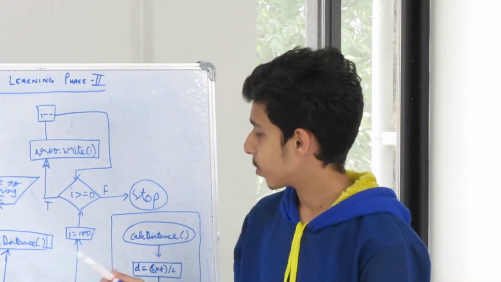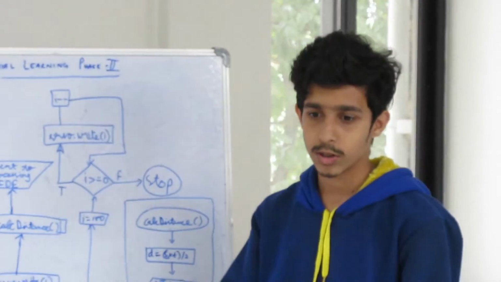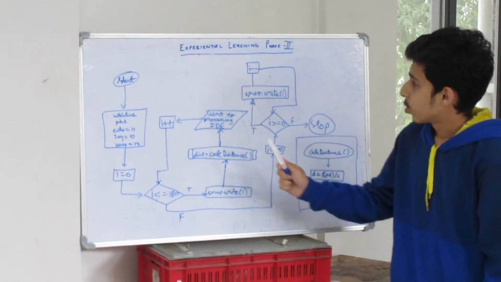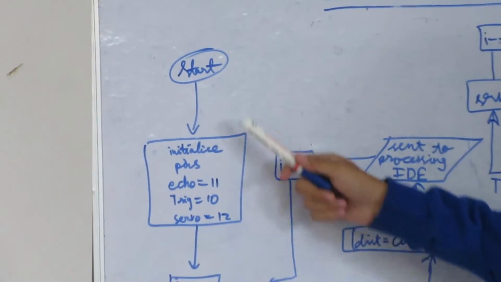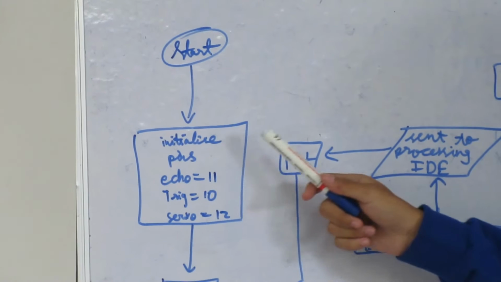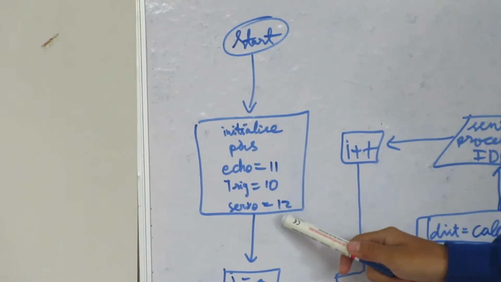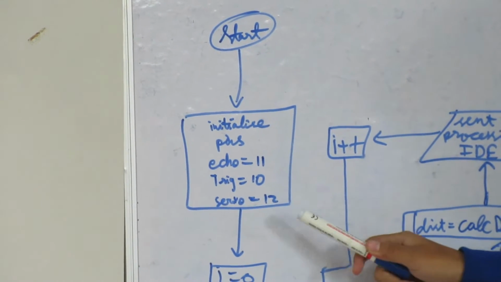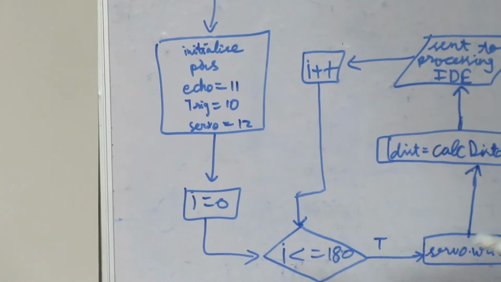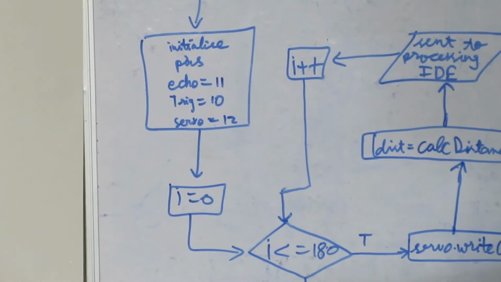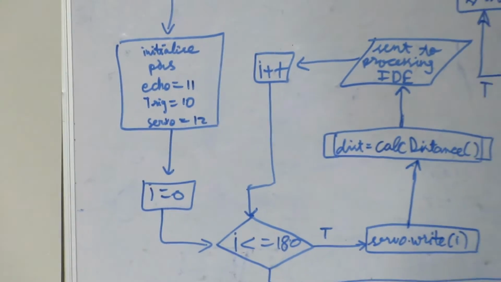And I'll be explaining the flow chart for the code of the model. So first, when the code starts, we initialize the pins. The echo pin is pin number 11, trigger pin is pin number 10, and the servo is attached to pin number 12. Then to control the servo motor, we need to take its angle from 0 to 180 and back from 180 to 0.